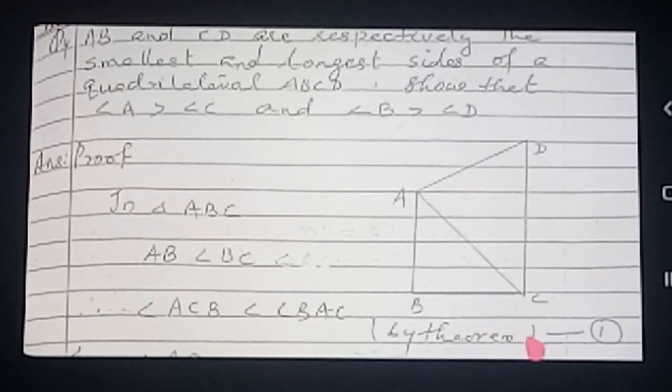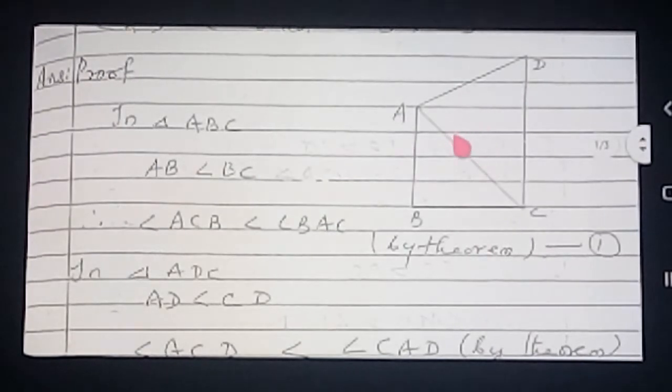Similarly, see the next diagram. Consider triangle ADC. In triangle ADC, which are the sides of the quadrilateral? AD and CD are the sides of the quadrilateral. Among AD and CD, which is the smallest side?